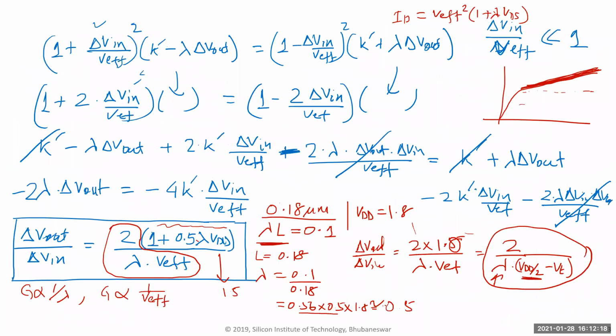Okay. So actually, let's plug in a number here and see what the gain is. So what did we say? Delta V out over delta V in is equal to roughly 2 times lambda over V effective, which is 0.5 times (VDD minus VTN), right? Or VT, let's say, whatever, both of them are the same.